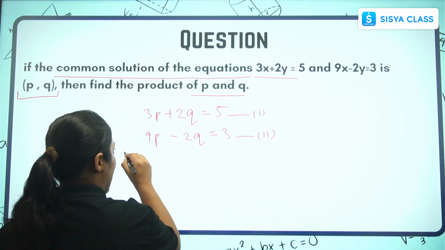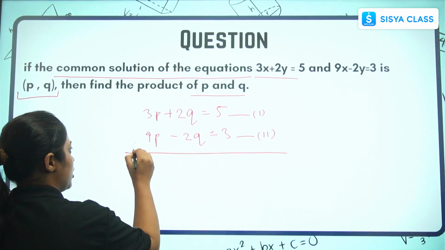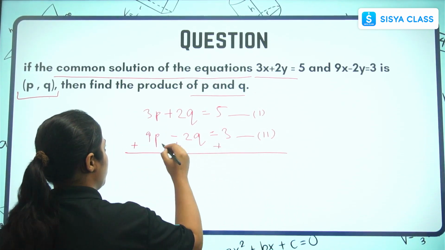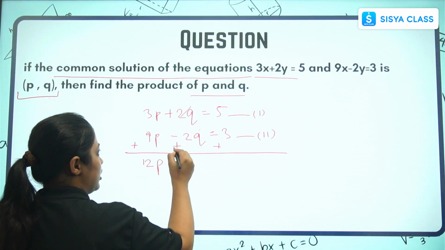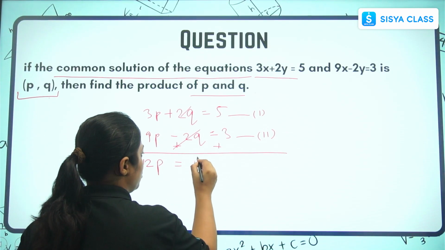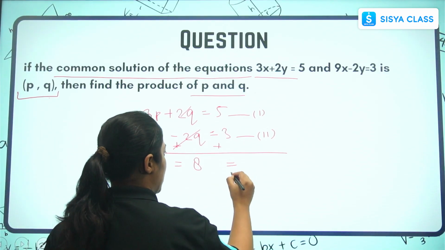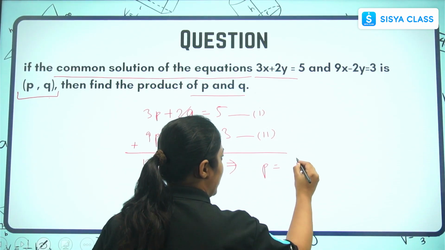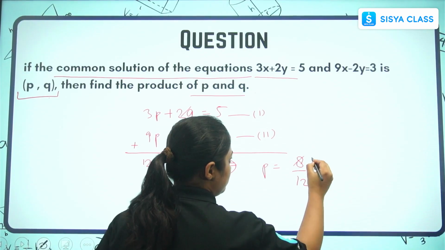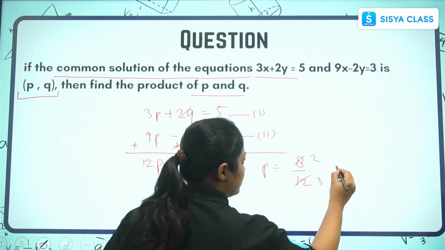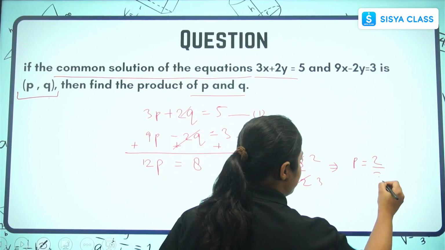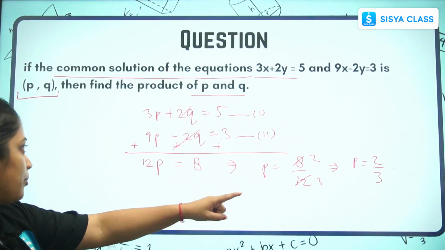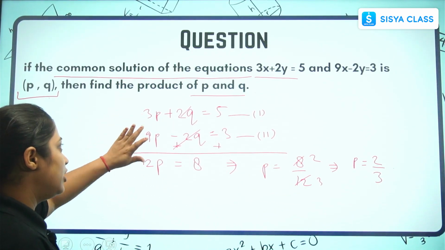Now just add these equations. After adding, you will get here 12P. The Q terms will cancel out and here you will get 8, right? So the value of P we have is 8/12, that is P equal to 2/3. Now just substitute this value in any equation.